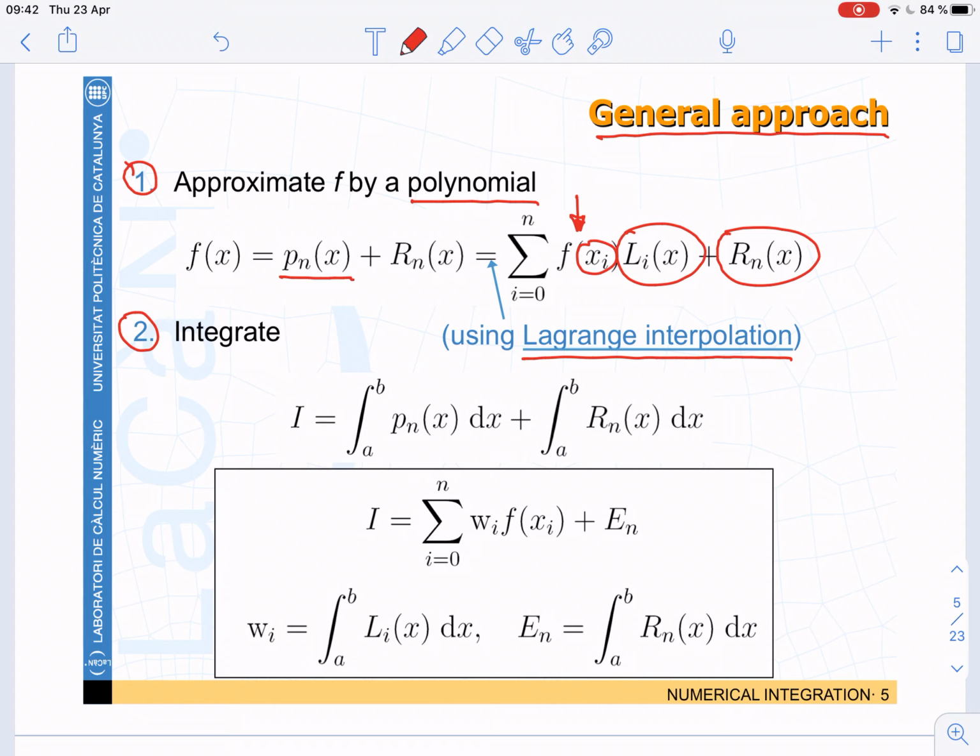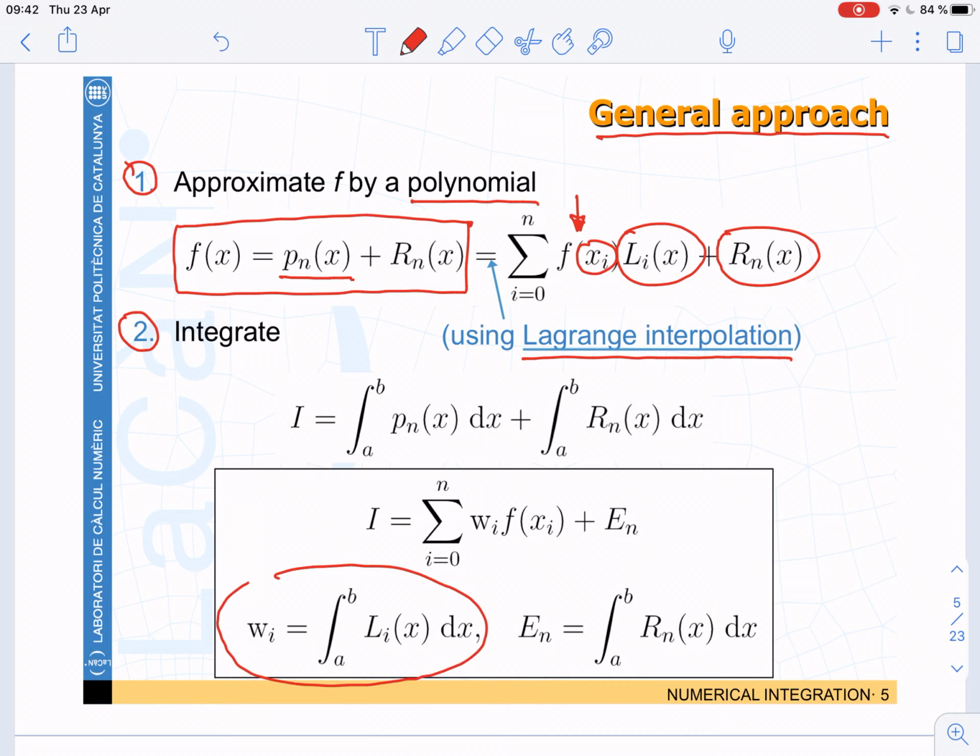We then simply integrate this expression here to obtain that the integration weights are simply the integral of the Lagrange polynomials, and the truncation or integration error is simply the integral of the Lagrange remainder.